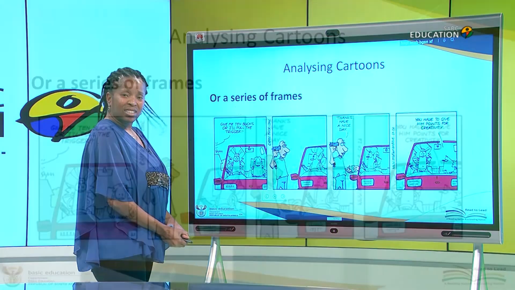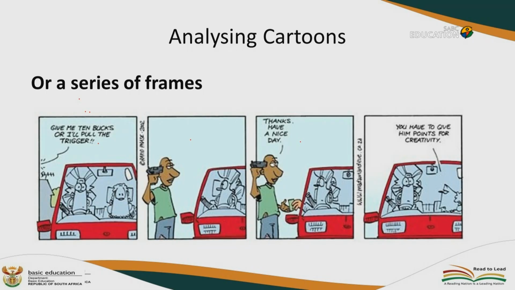Let's read it. It says, Madam and Eve, this is Madam in her car with her mother, and somebody on the outside of the frame says, give me $10 or I'll pull the trigger. And in the second frame, we see that there is a thug there who is trying to maybe mug Madam. And it is quite hilarious that he says, I'll pull the trigger, but you see that the trigger is actually pointing at himself. So Madam is in awe.